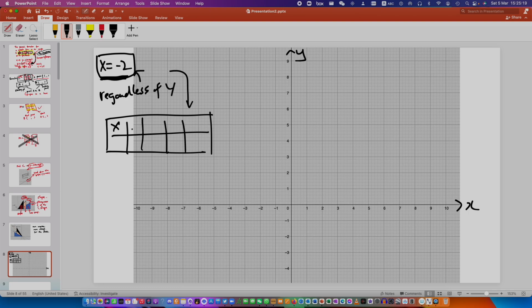X is always -2, regardless of your y. Okay, good. So what is the first value of y you want to put here? 0. What's the next value of y you should put? 1. Next, 2, 3. So what is the meaning of x equals -2? Regardless of y, x is always -2.